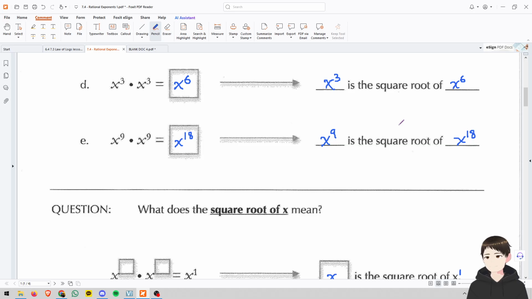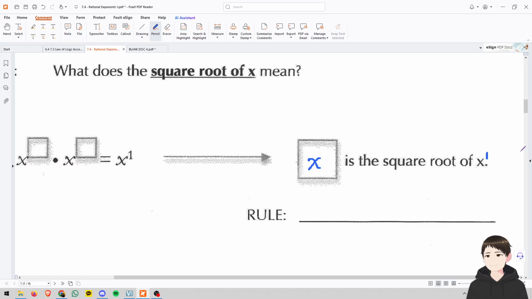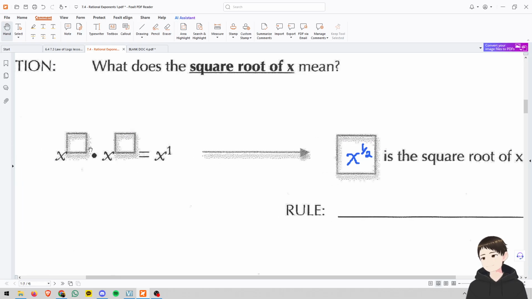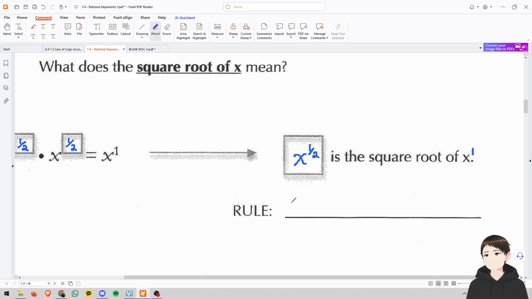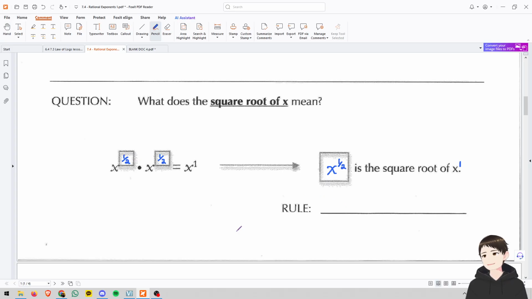So 18, half was 9. 6, half was a 3. If it's a 1, half would be just half. In other words, if I have x to the power of 1 over 2 times x to the power of 1 over 2, half plus half equals a whole. Right? Interesting.